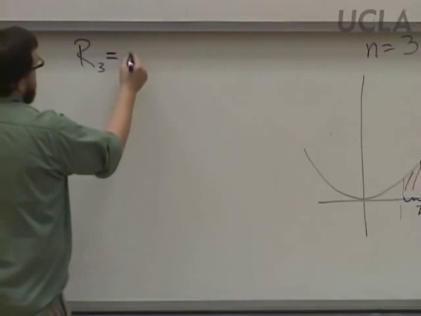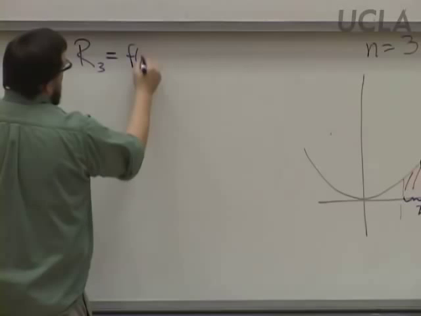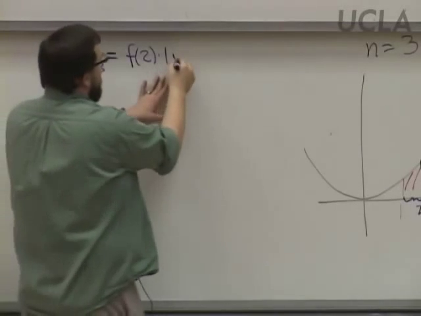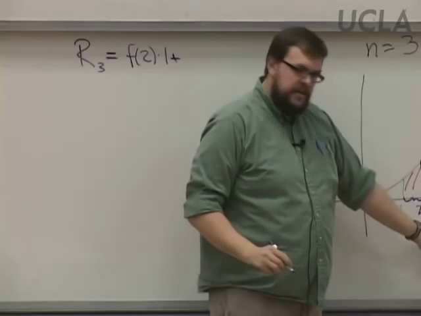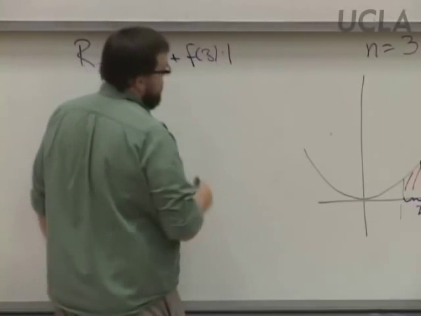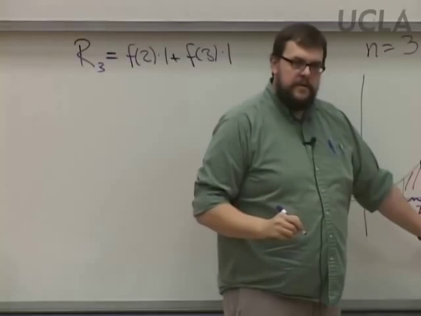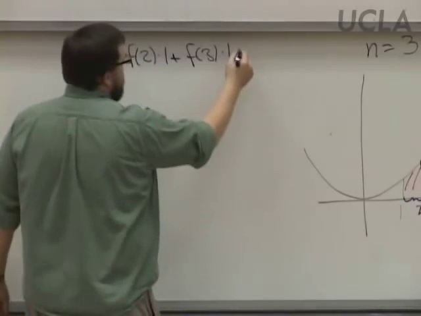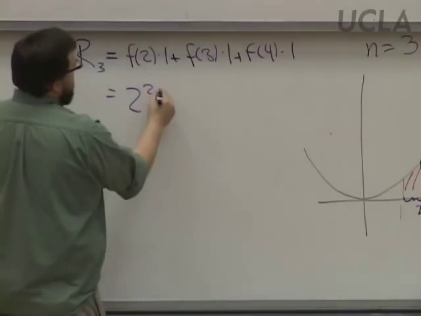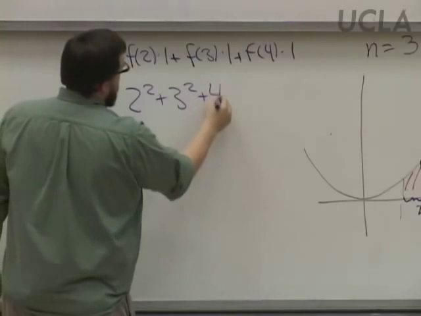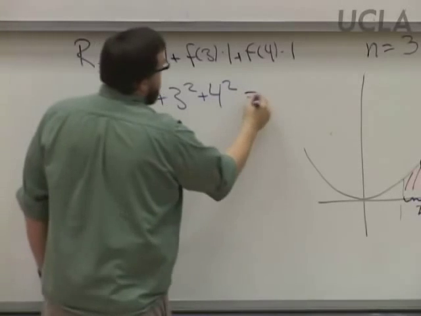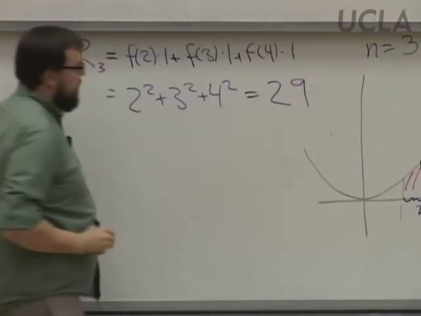So it's going to be f of 2 times 1, which is my delta x, plus, which point will I choose from 2 to 3? 3. f of 3 times 1, which is my delta x. And finally, from 3 to 4, I'll choose 4. f of 4 times 1, which is 2 squared plus 3 squared plus 4 squared. And then we add all these together, we get 29.